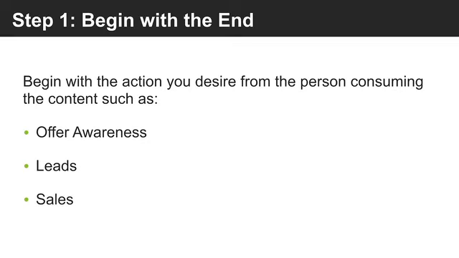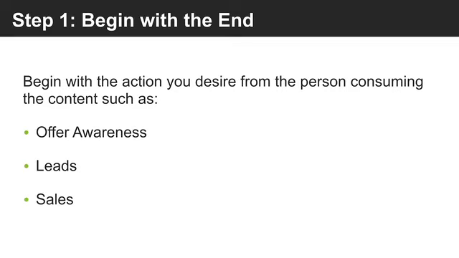You might want direct sales, right? More difficult to do from ungated content, which is why we have that middle path of going to a piece of gated content. But sales are definitely possible direct from ungated content.